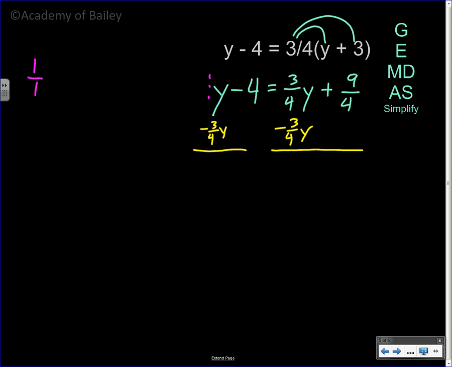And if we have the invisible 1, it's like 1/1. And we have 3/4. We're subtracting 3/4 from 1/1. We need to make common denominators. Common denominators, of course, is going to be 4. So they have common denominators there.